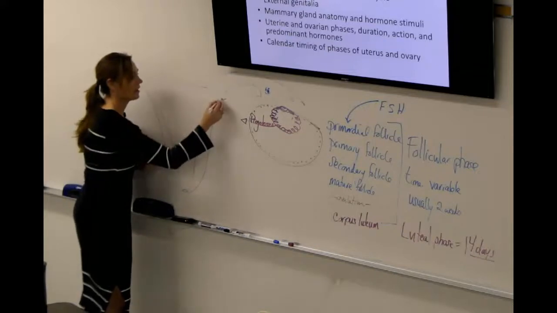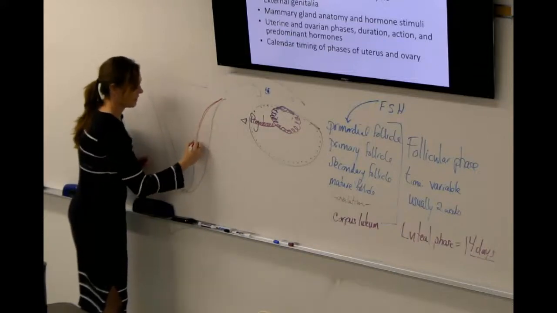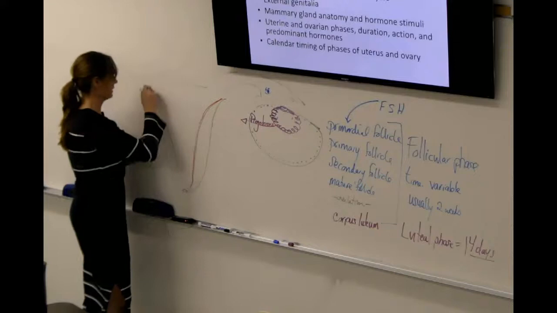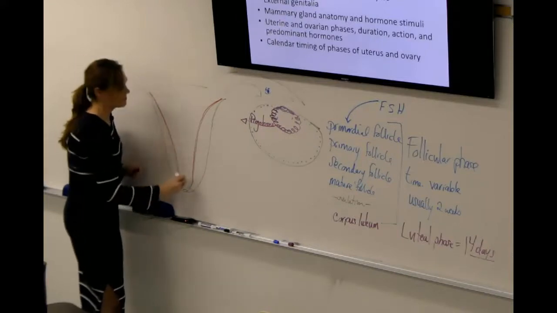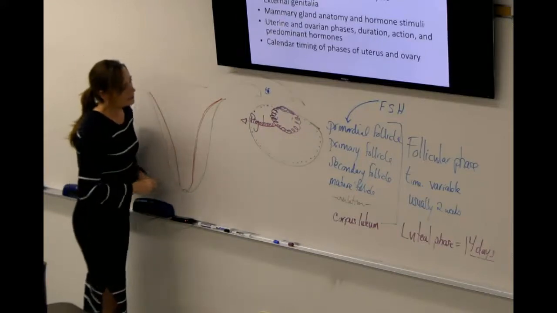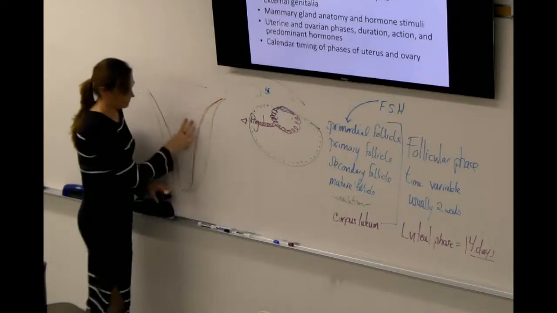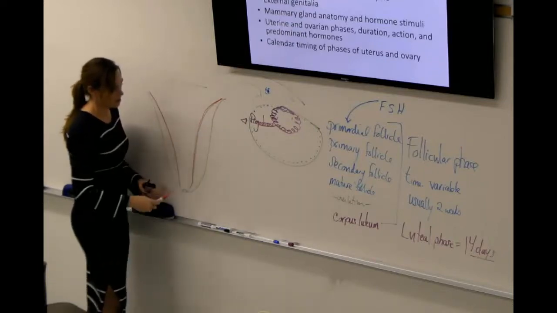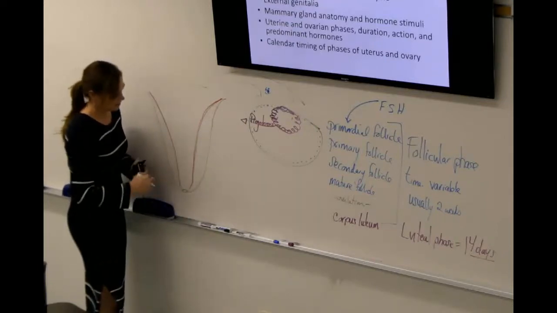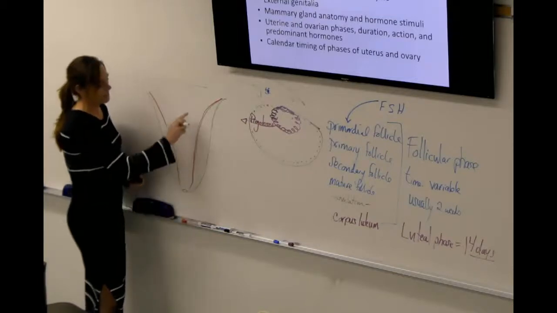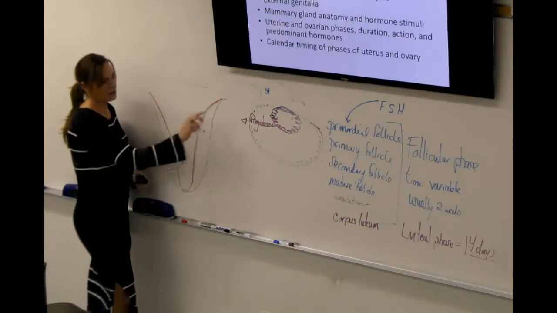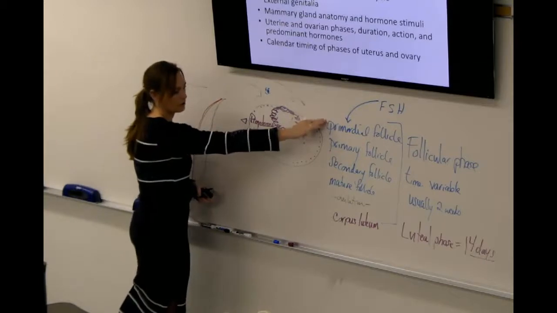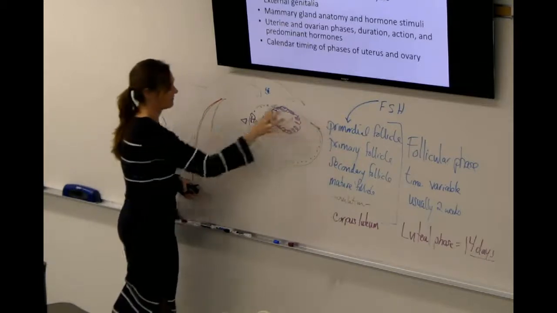We have an endometrial lining here in red. So the process that we're going to go through as far as the uterus is, we begin when the primordial follicles are being made here, at the start of a cycle.